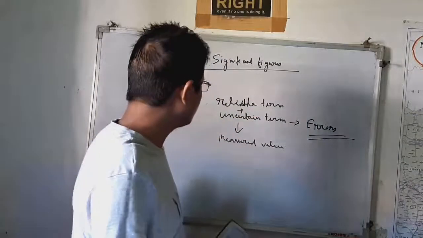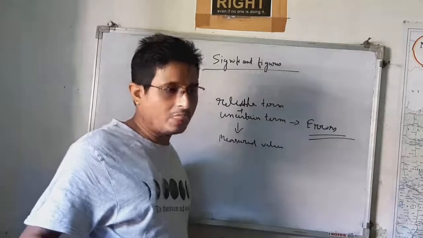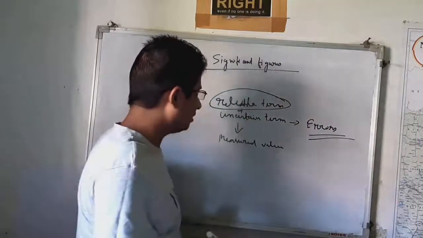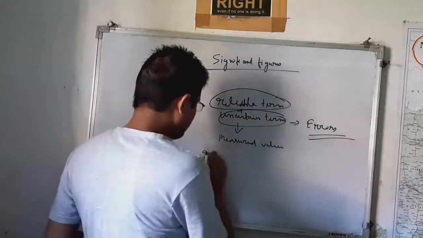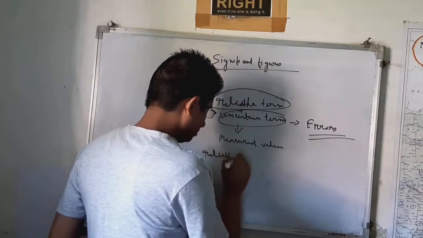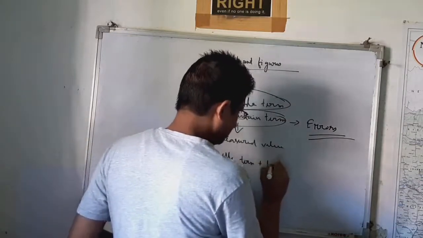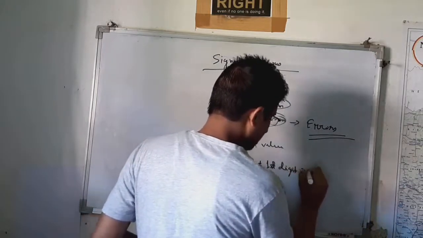In the case of significant figures, we will take the reliable term and also the first digit of the uncertain term.